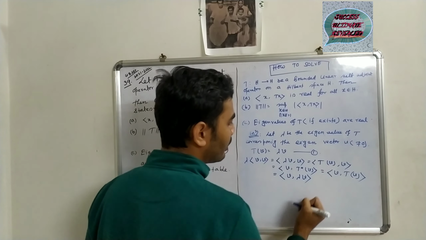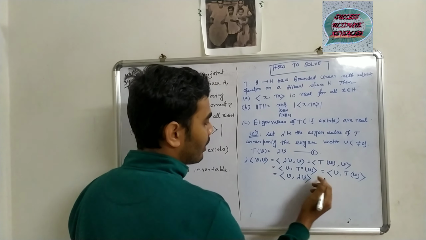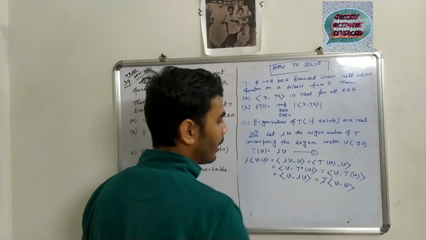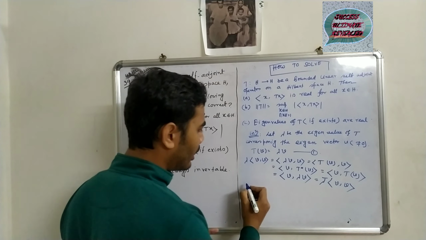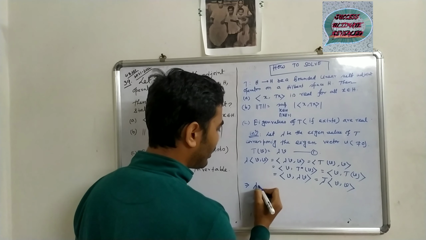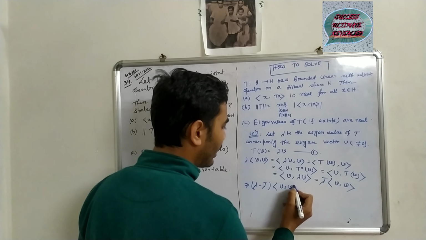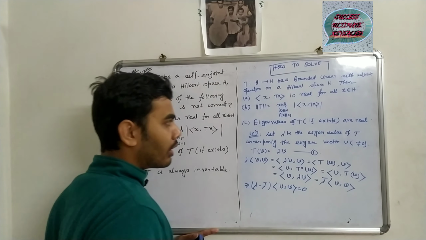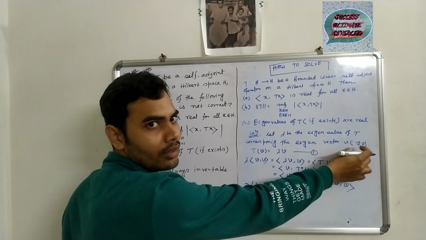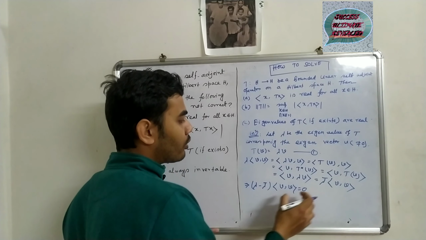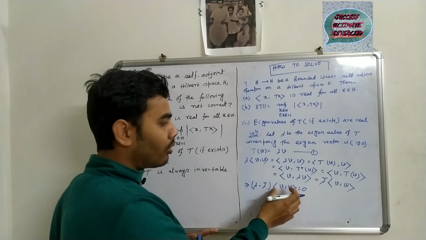So ultimately you get the inner product of V and lambda V, and this is equal to lambda bar times the inner product of V and V. So ultimately you get lambda minus lambda bar times the inner product of V and V, and this is equal to 0. And here you notice that V is not equal to 0. Since V is not equal to 0, the inner product of V and V is not equal to 0.